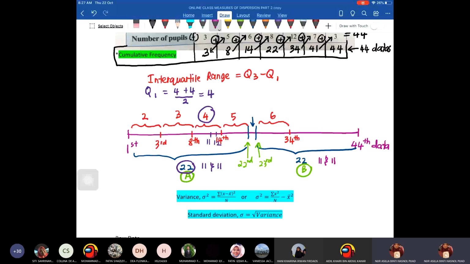So we have to find the 33rd and 34th data. If you look here, 33 and 34 are already written. So my data will be 6. So the third quartile is 6 plus 6 divided by 2 equals 6.